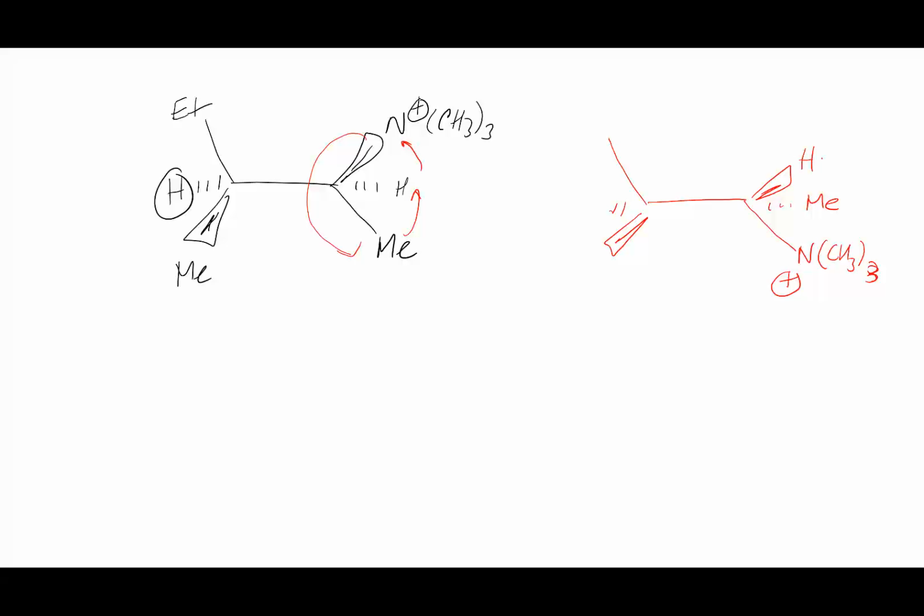So now I've got the ammonium in the position that's in the plane of the board. Over here, I'm going to have to rotate that hydrogen up here, rotate that ethyl group down here, and rotate the methyl group back there. So now I've got this in an anti-periplanar geometry.